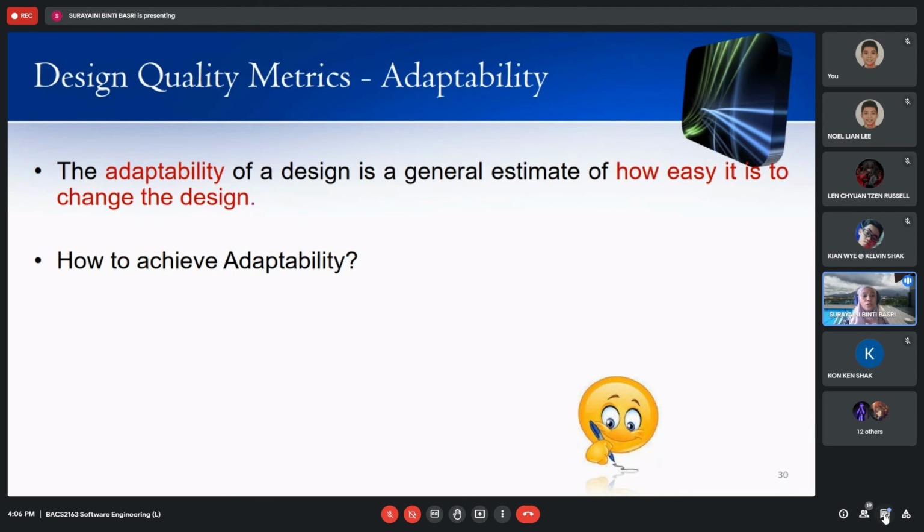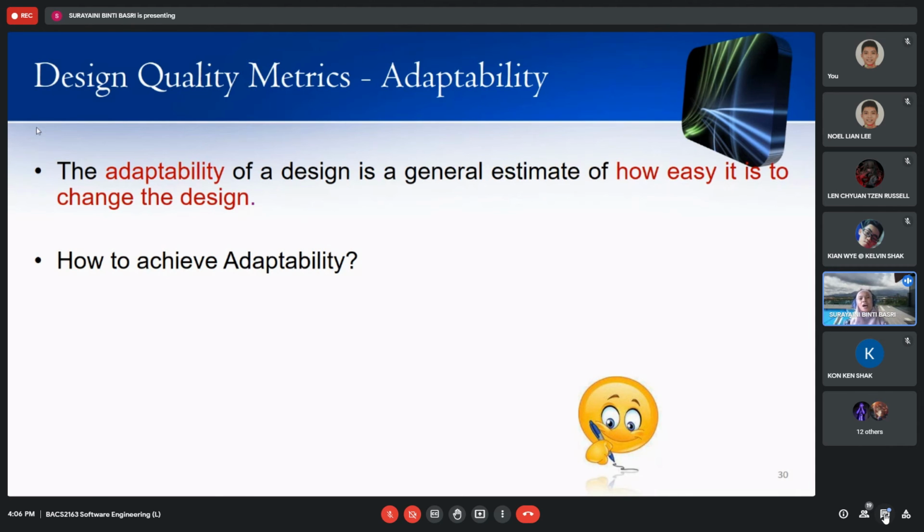Okay, so whatever we have learned previously, we need to make sure the three quality metrics are implemented in our design in order for our system to have a good adaptability feature.